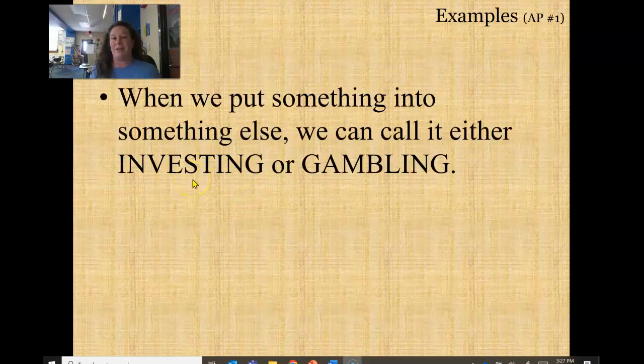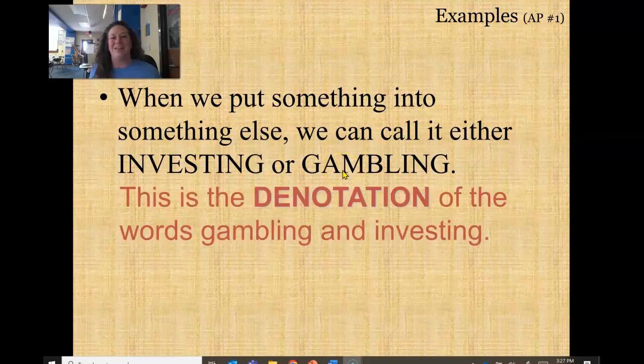We can say that we are investing or we are gambling. No matter what, if you're playing on the stock market or out playing the slot machines, either way, you're kind of taking a chance, right? But one sounds a little bit nicer than the other. Essentially, remember that denotation is that we're gambling.